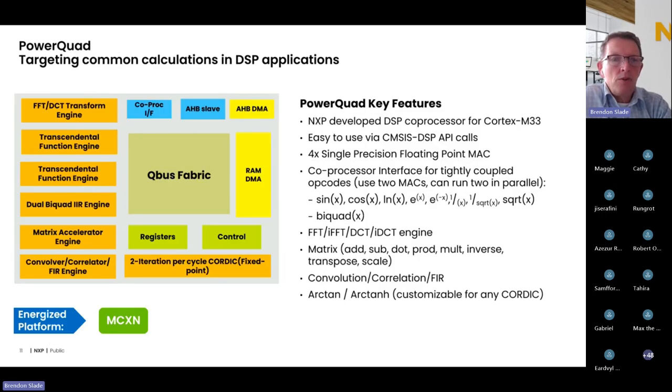Then we have PowerQuad. PowerQuad is a DSP accelerator. It's enabled through CMSIS DSP API calls, so you can keep your code nice and portable, but also there are other extensions as well to do transcendental functions. And it has an FFT engine as well, and then a set of CORDIC functions as well.